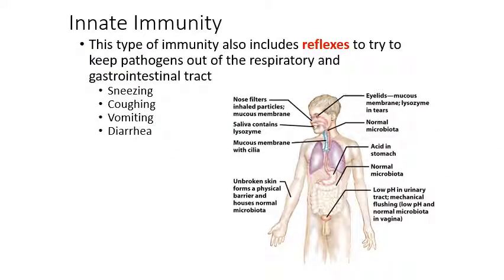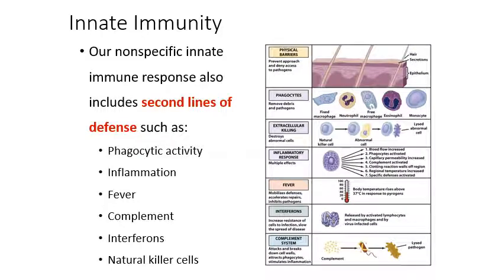Okay, and then these reflex barriers again. So anything that's kind of like a reflexive ejection of something in your body is probably a reflex barrier that's helping to protect you against microbes. Right. So all of those things, the chemical, the reflex, the physical, those were all first line of defense, so external barriers to entry. Now I want to move on to the second lines of defense.